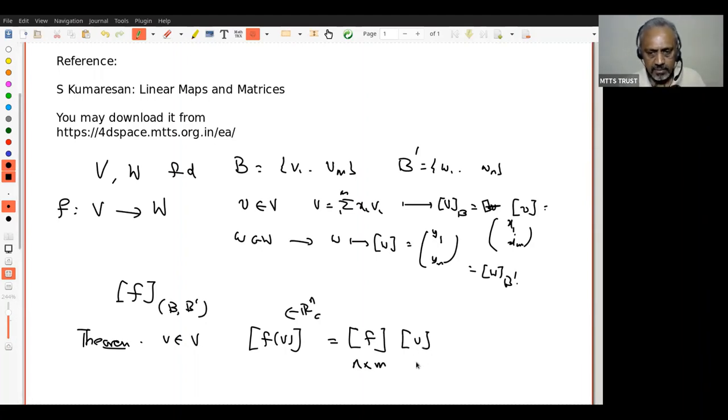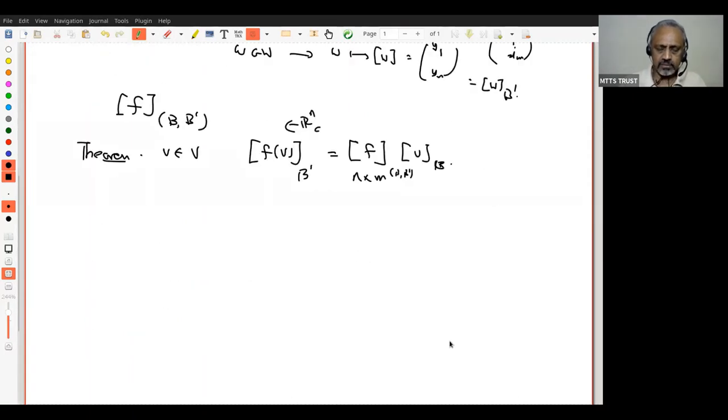This is the coordinate representation of v. If you want, you should write this with respect to B dash, this is with respect to B dash, this is with respect to B. But since we are fixing B and B dash, I don't want to clutter the notation, so I will suppress these suffixes B dash, B dash, B, etc. Okay, this is what we wanted to prove.